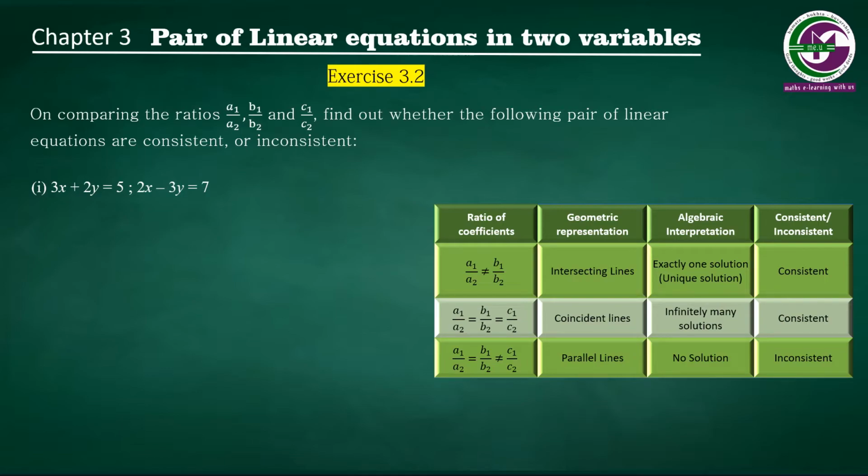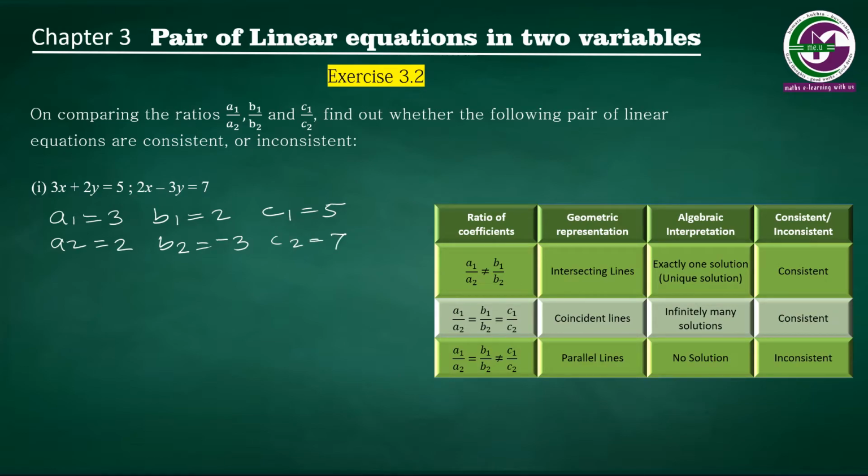I will find out what a1, b1, c1, a2, b2, c2 are. Here a1 equals 3, b1 equals 2, c1 equals 5, a2 equals 2, b2 equals negative 3, and c2 equals 7.